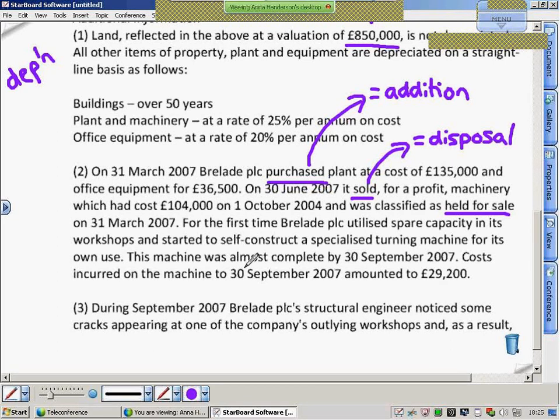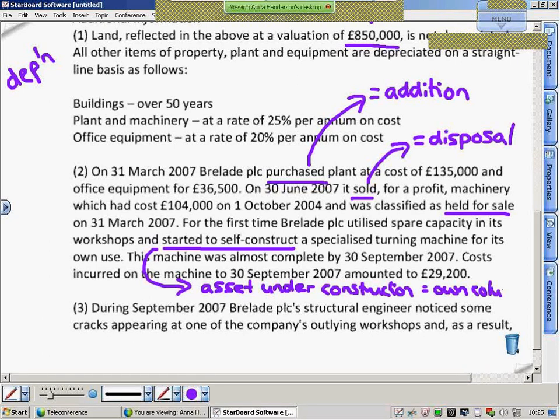And the final bit here, probably the bit that's a little bit unusual and you'd want to be looking out for something like this, they started to self-construct a specialised turning machine. And that basically means we've got an asset under construction. As we're going to see shortly, the asset under construction has to have its own column in the PP&E note.